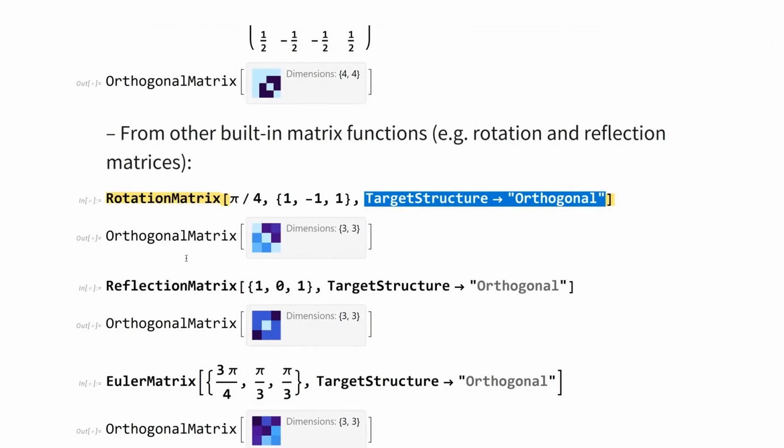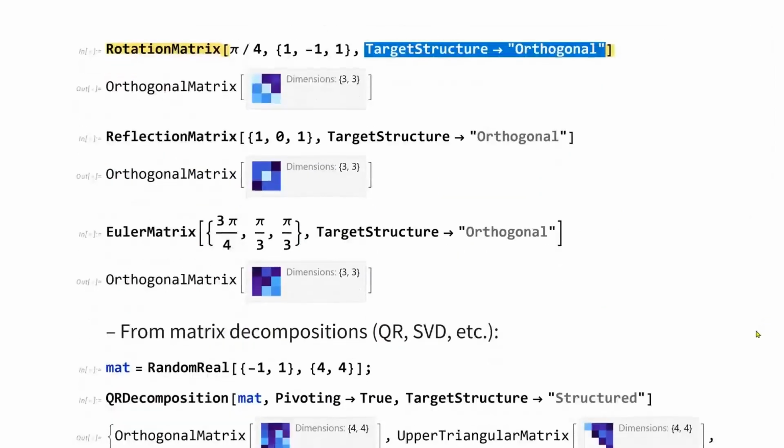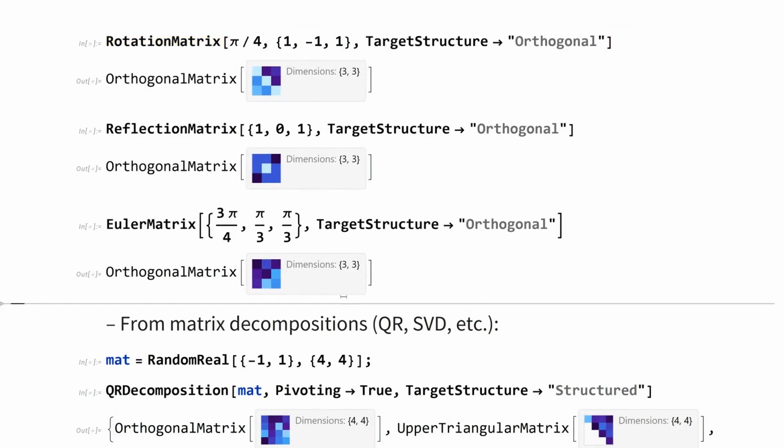And of course, you can then do a normal and look at the matrix if you prefer to do that. Or a reflection matrix has got the same kind of property, or an Euler matrix. So we have a large number of built-in matrices which will do this for you in version 14. Namely, they'll give back output which is much more intuitive and efficient.